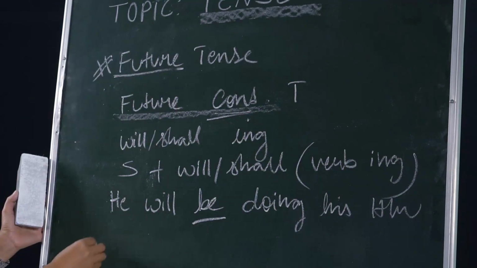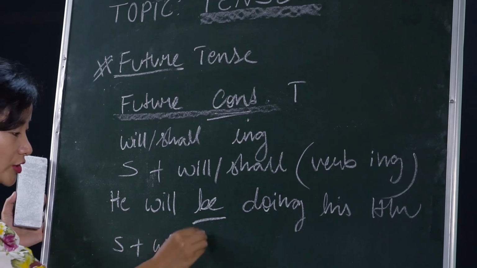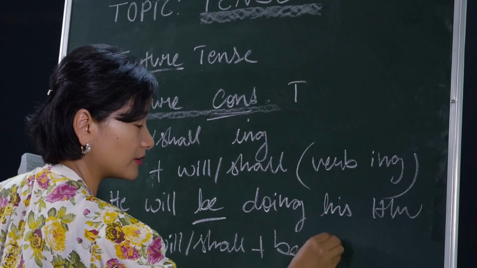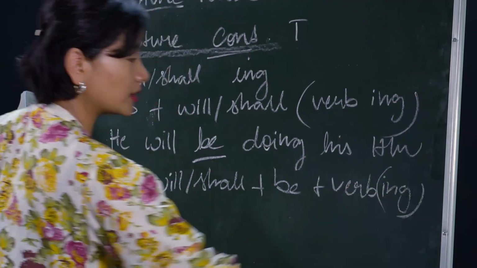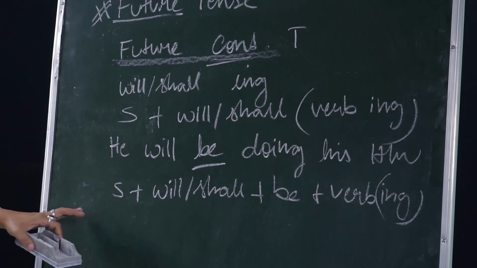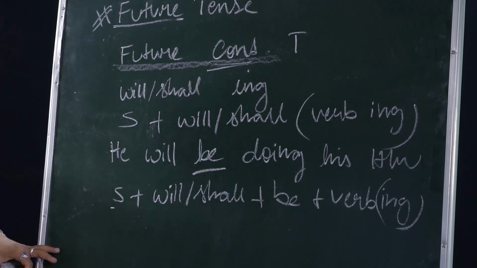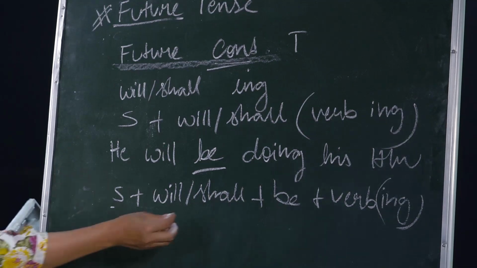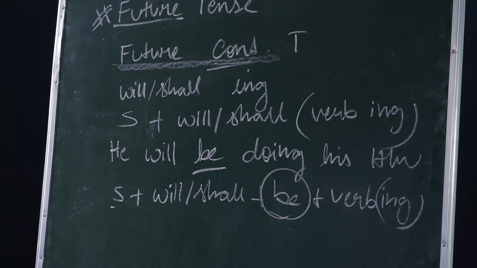So our structure would be subject plus will or shall plus be plus verb in the ing form. Now, that would give us future continuous tense. In this case, we have the additional word be, helping verb be here.